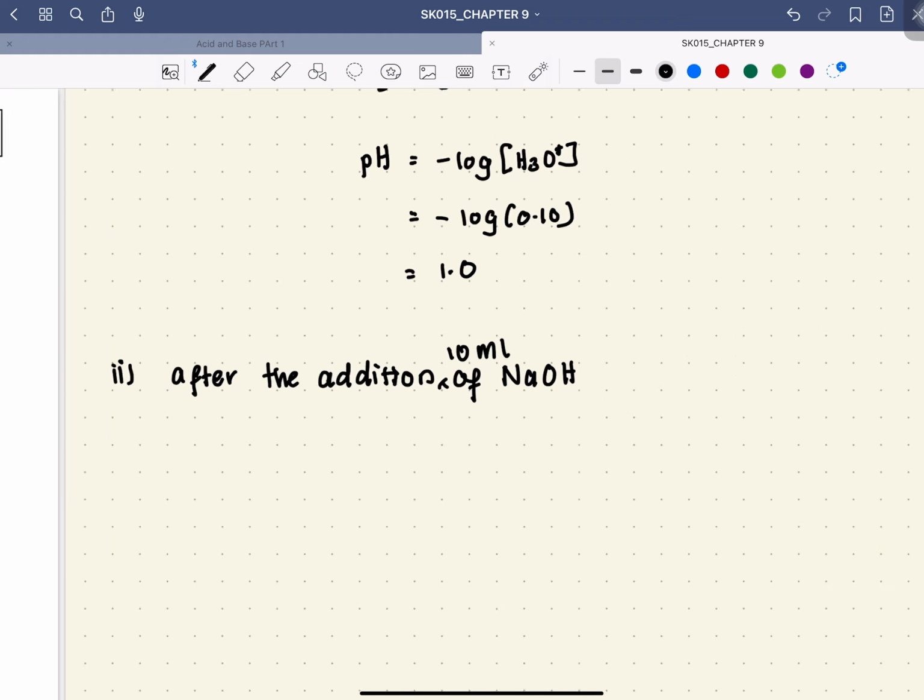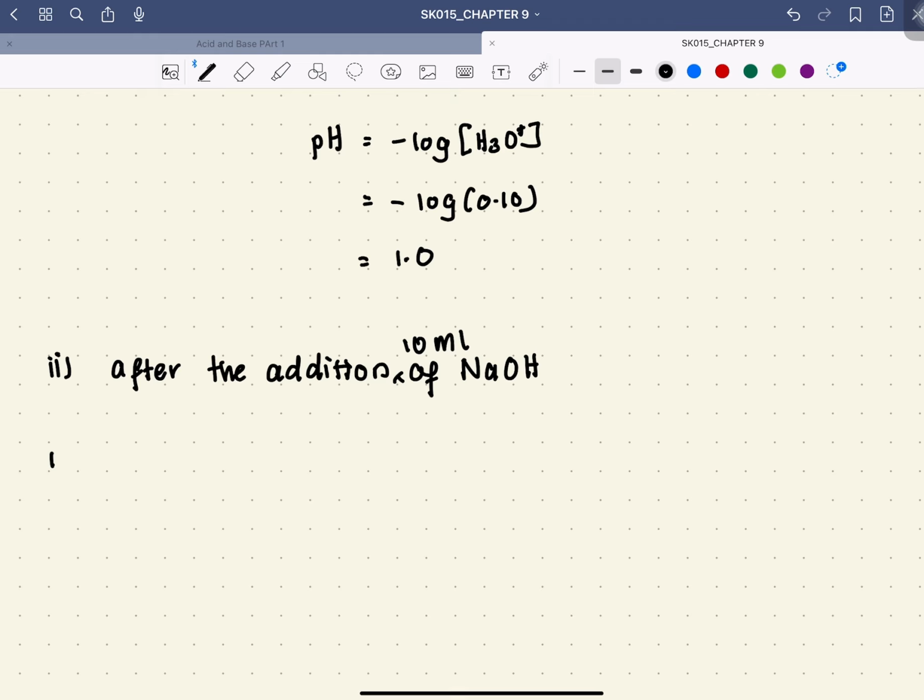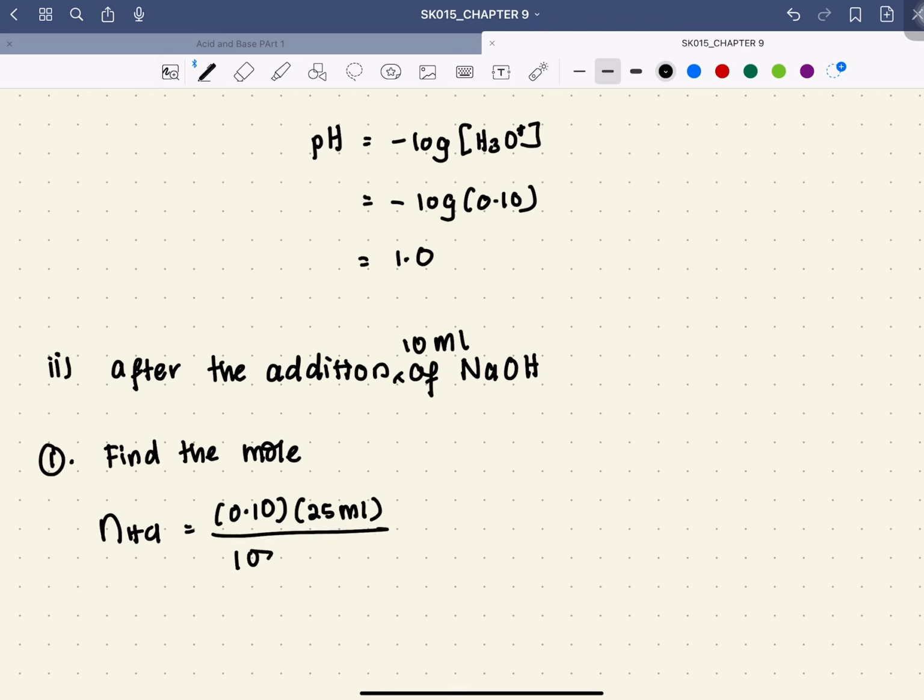So number one, let's find the mole first. For HCl, we're going to get 0.10 times 25 milliliter over 1000, and we're going to get 2.5 exponent negative 3 mole.